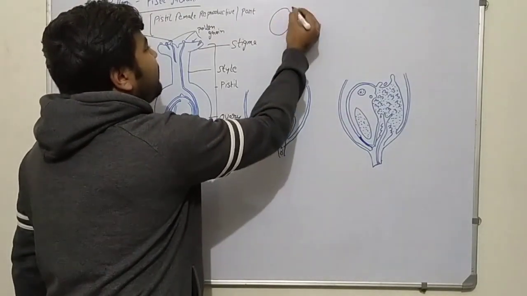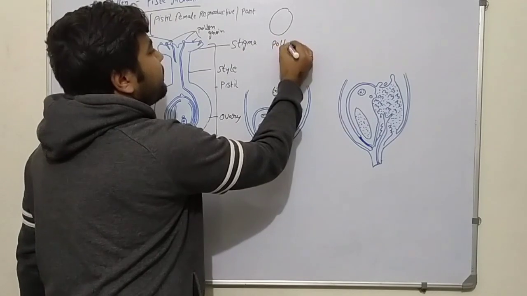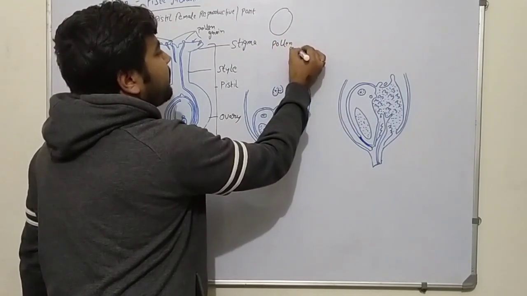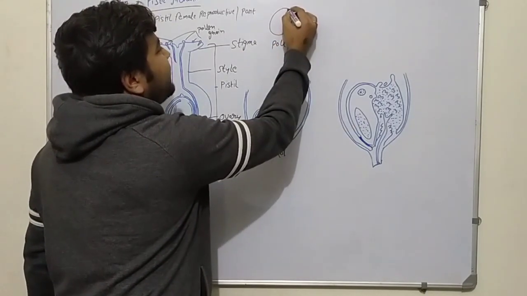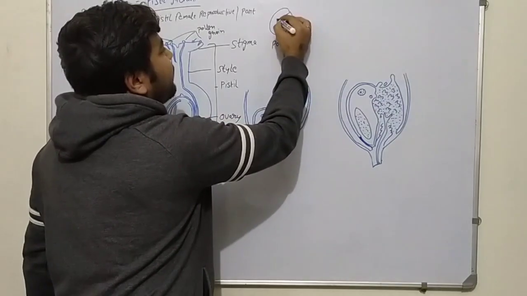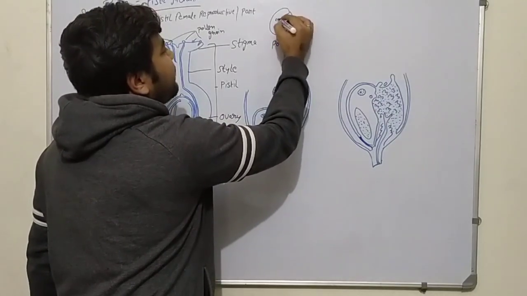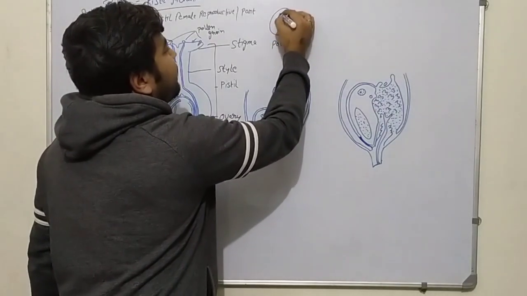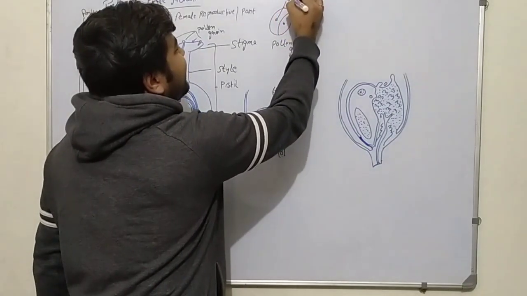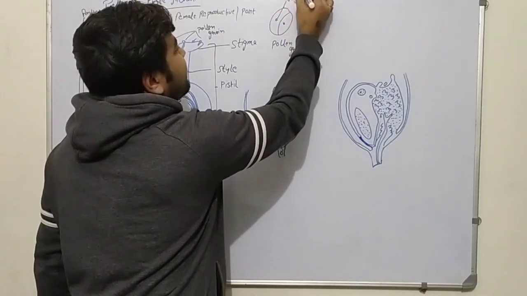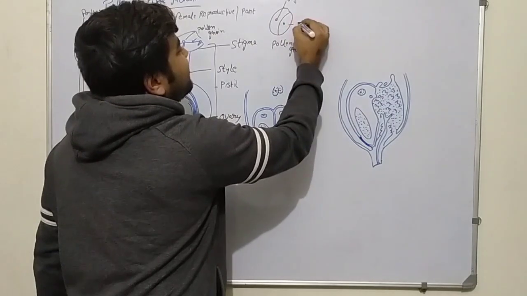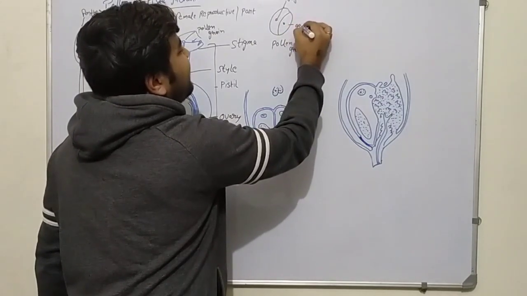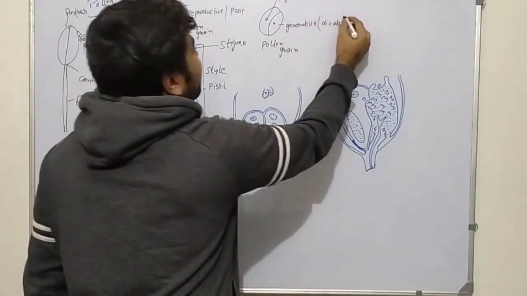This is the diagram of the pollen grain. A pollen grain contains two cells. The bigger one is the vegetative cell, and the smaller one is the generative cell. The generative cell divides and produces two gametes.